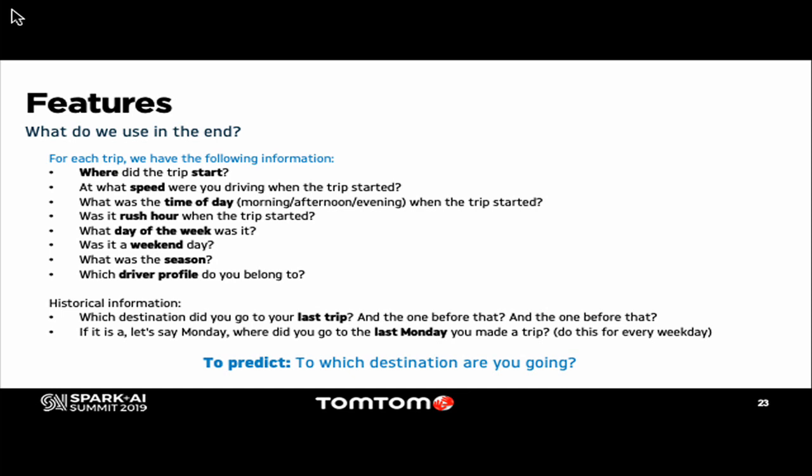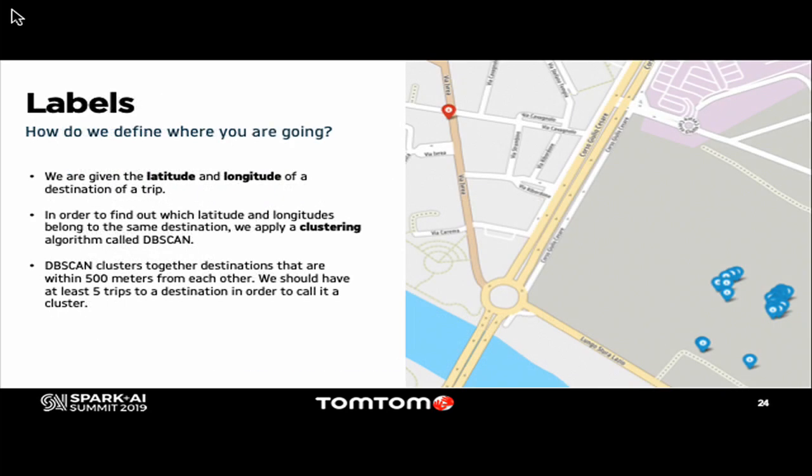As Sergio said in the beginning of the talk, we have geospatial traces, which means we have latitude, longitude, and timestamps. So how do you extract labels from that? We don't know if this is your work address or home address. We just have the latitude and longitude stamps. For that, we use a clustering algorithm called DBSCAN, which clusters destinations together.